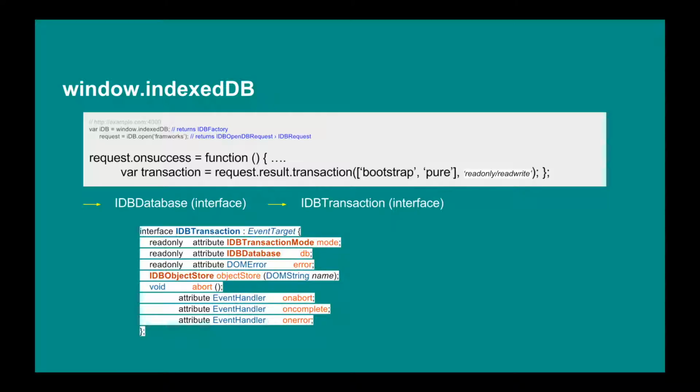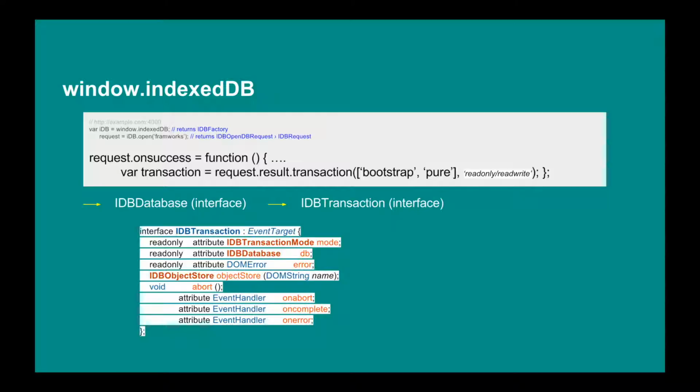The second one is the mode, how we are going to deal with that object store. There are two options, read only and read write. It's pretty evident that if we add read only, then we are going to have only read access. With read write, you would have read and write access.